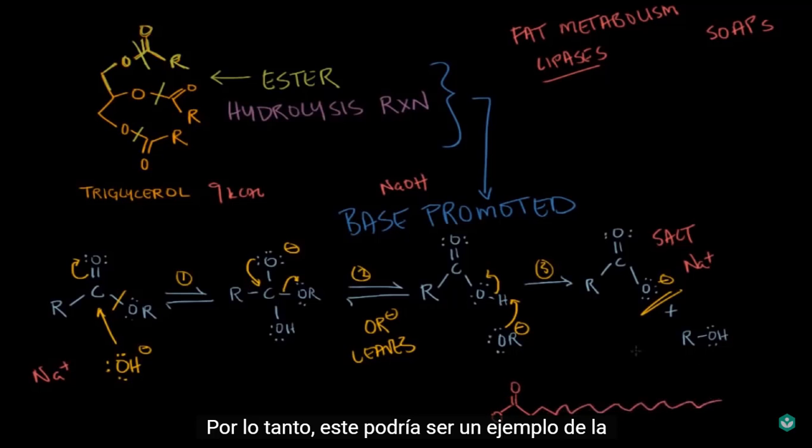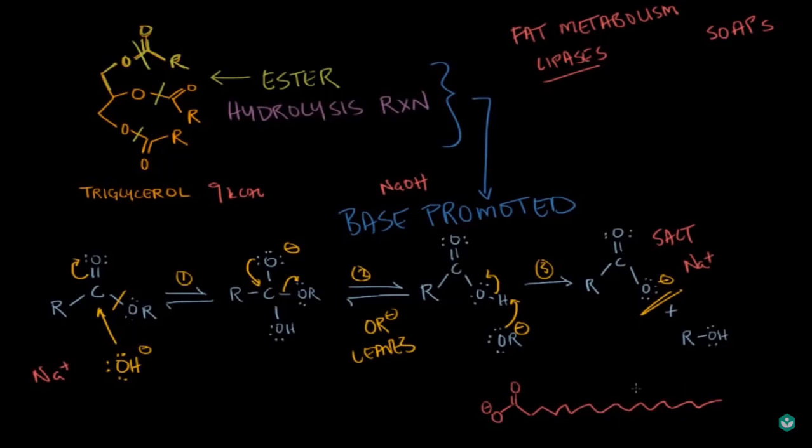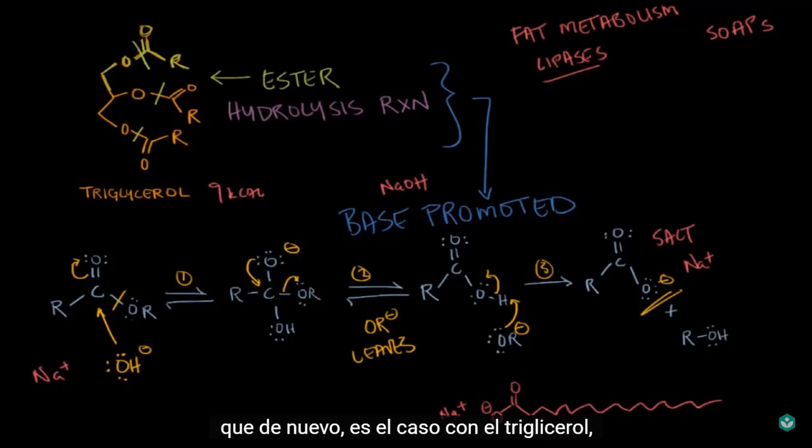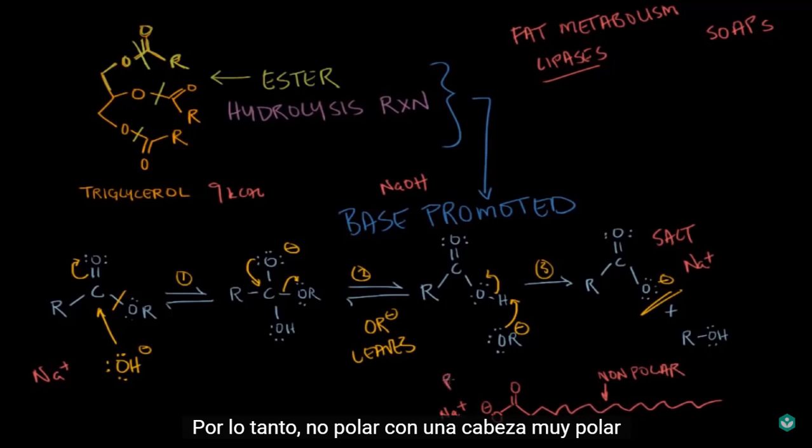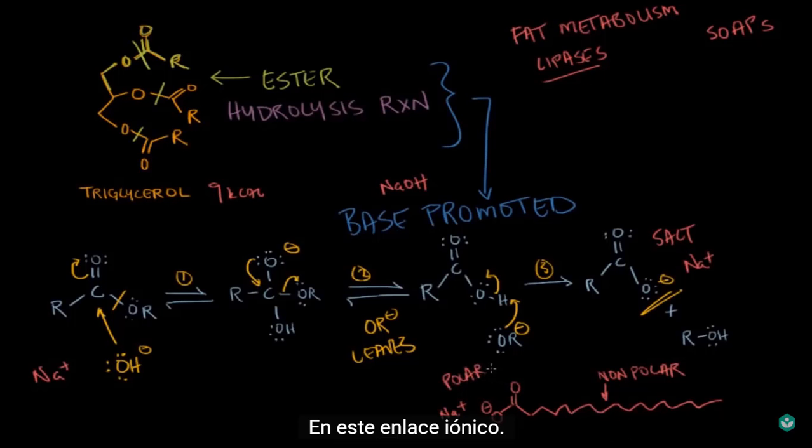So this might be an example of the carboxylate anion with the fatty acid. You have this really long carbon tail, and then you have this sodium cation that comes in. If this is the salt product, then you have a long nonpolar section here for the tail, so nonpolar with a really polar head in this ionic bond.